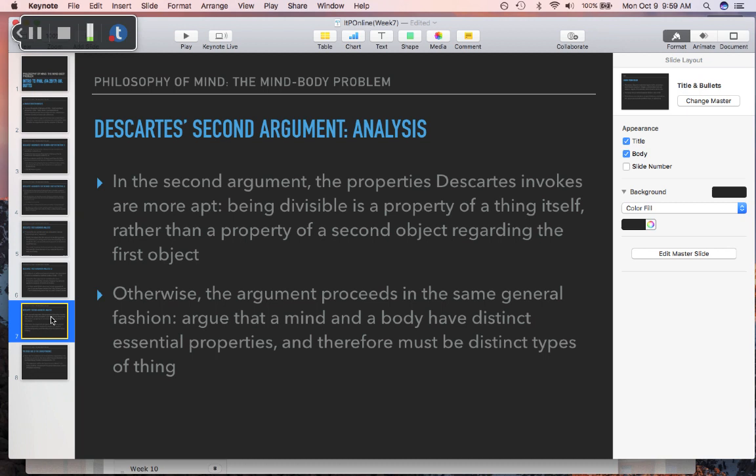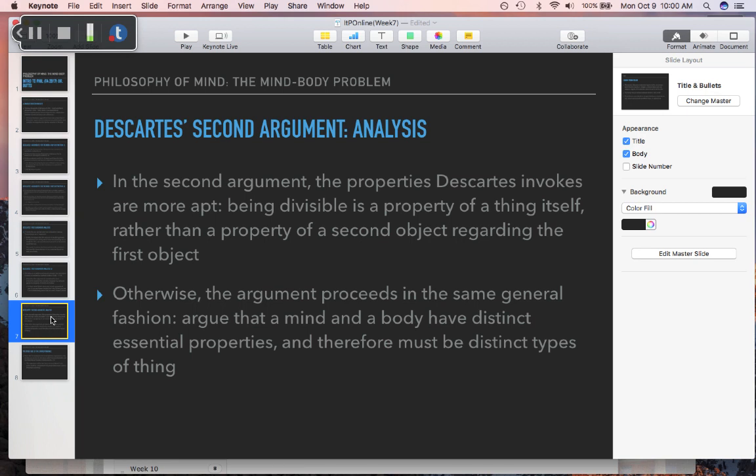Descartes says there's two types of stuff. And we'll get more into this types of stuff way of talking about things next week. For now, just look at Descartes' argument and then look at Elizabeth of Bohemia's objection to his argument.